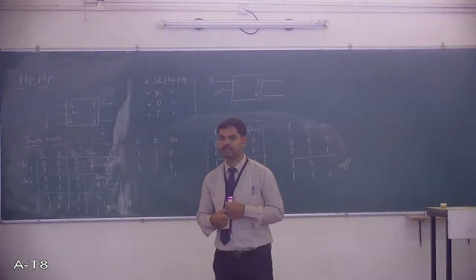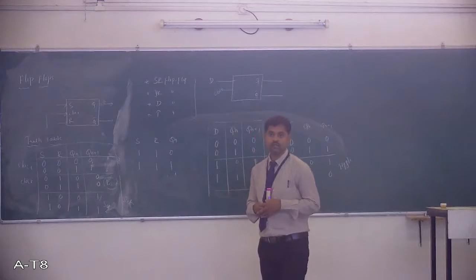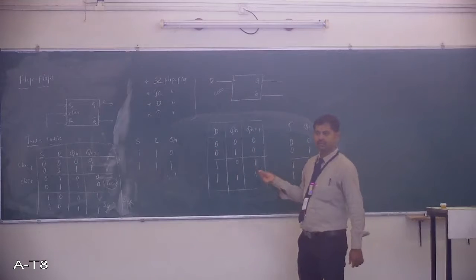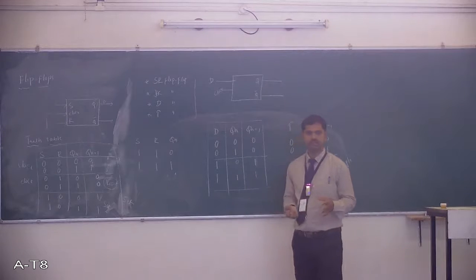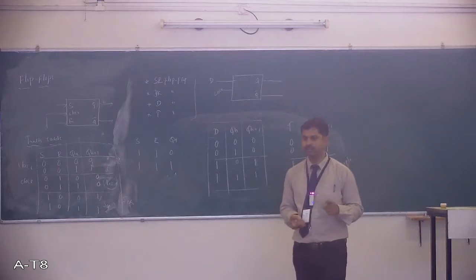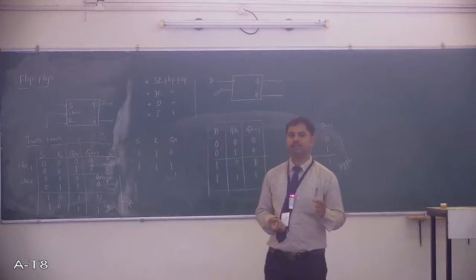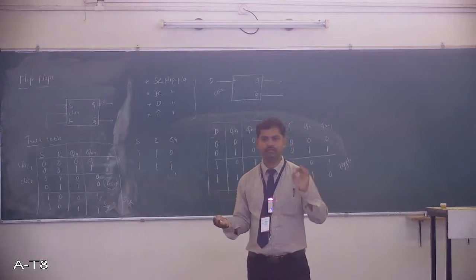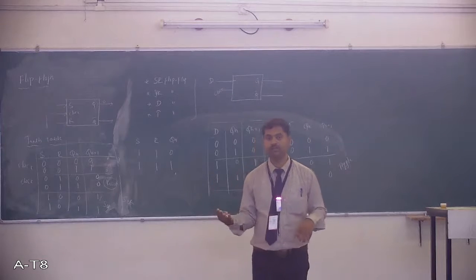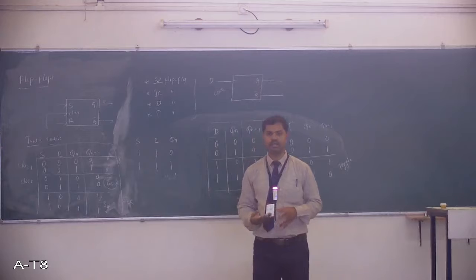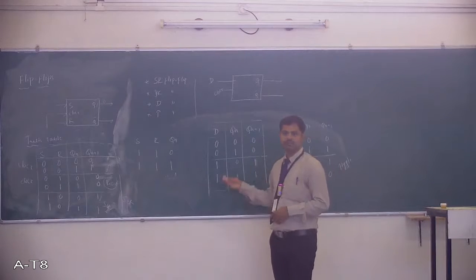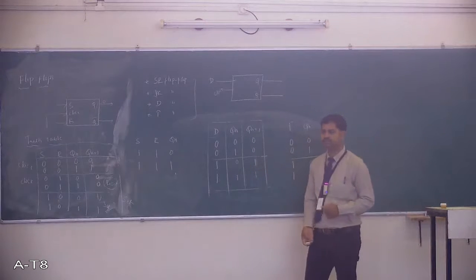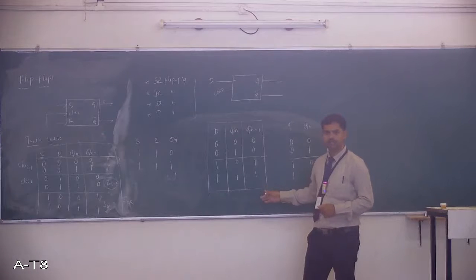There are a couple of advantages of D also. We'll see that application part later. So D flip-flop is a transparent flip-flop having only one input. If you apply D as 0, output is 0. If D is 1, output is 1. That is how the inside gate level circuit is built. Inside circuitry we will study in the next semester. Understand only the truth table.